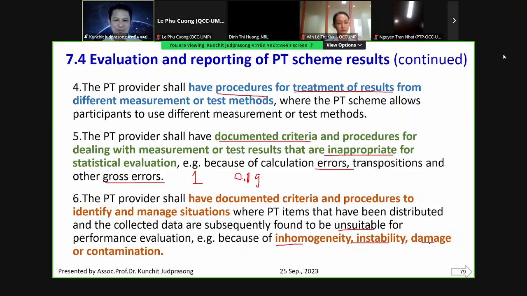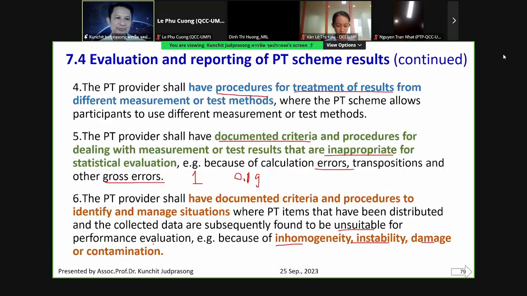This is one of the lists that you may be aware of, or you may set up: when you have inhomogeneity, when you have instability, when the sample is damaged or contaminated. So you have the document to ensure that this sample is good enough for evaluation.